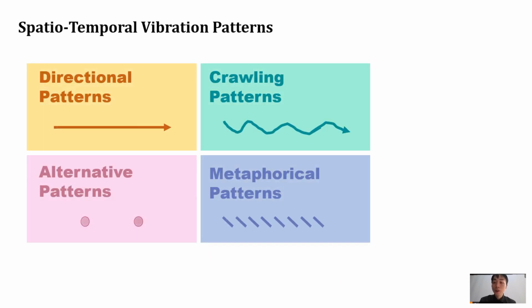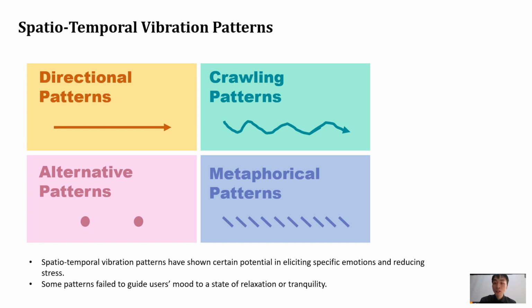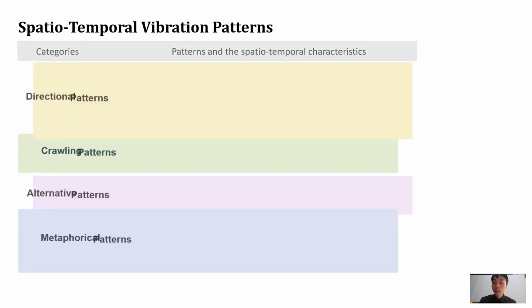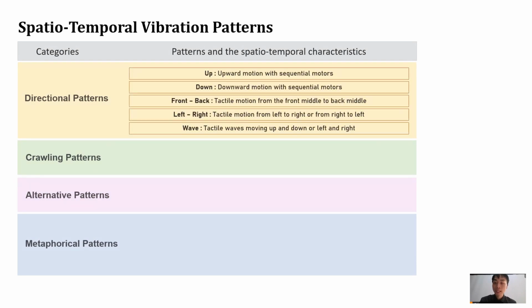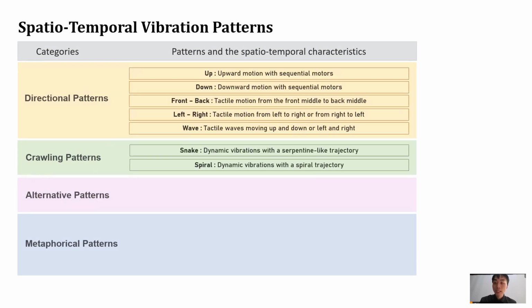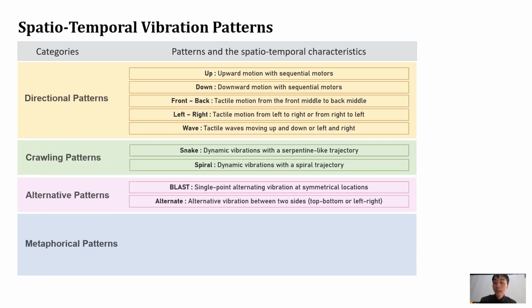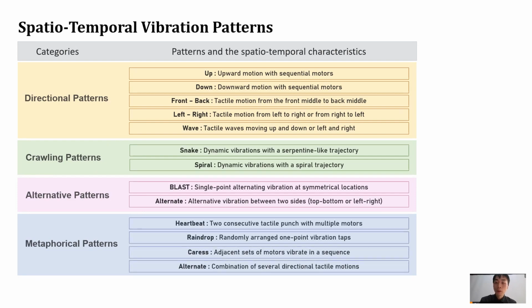To start our work from the perspective of composing haptic content, we reviewed related work and identified four kinds of spatial temporal vibration patterns, which have shown the potential to evoke diverse emotional states. These patterns are directional patterns, crawling patterns, alternative patterns, and metaphorical patterns.